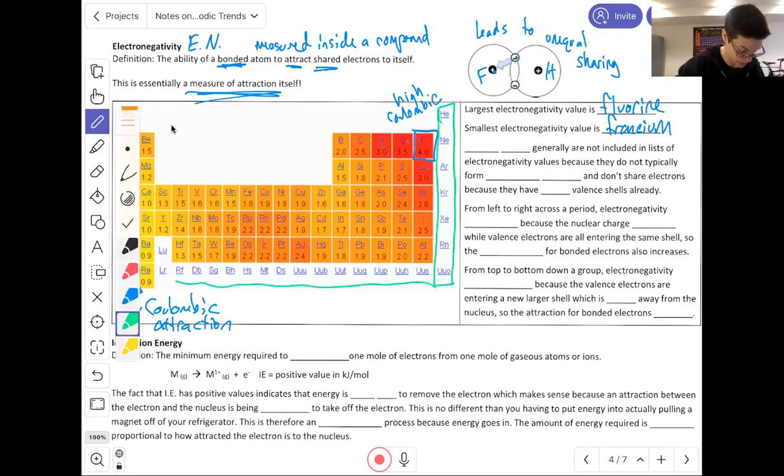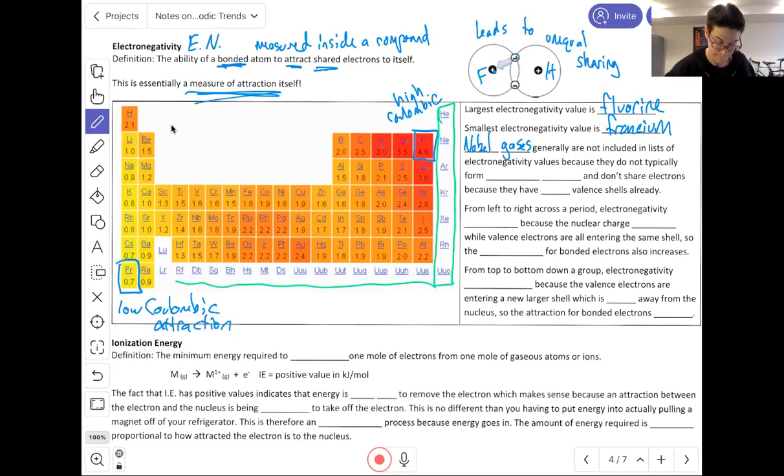But those ones that in general don't have any electronegativity values, those are our noble gases. And while some of them technically do have values, in general, we just don't list them at all because basically noble gases don't form any kind of bonds.